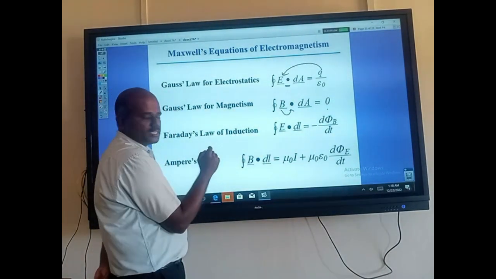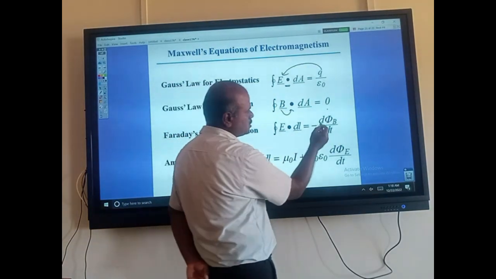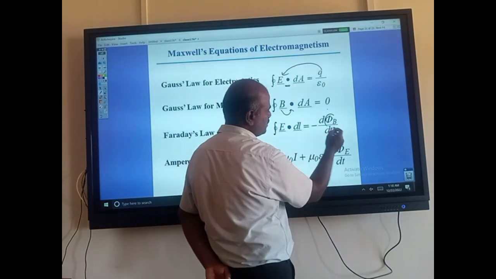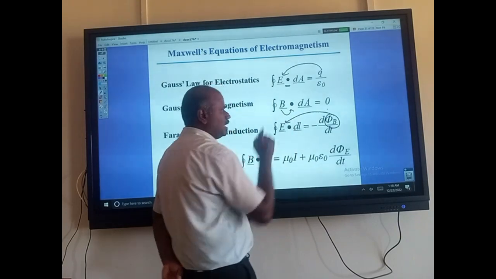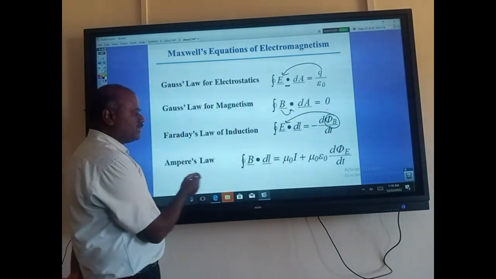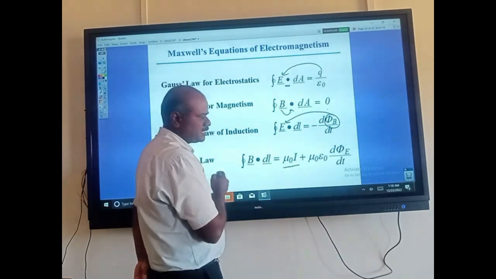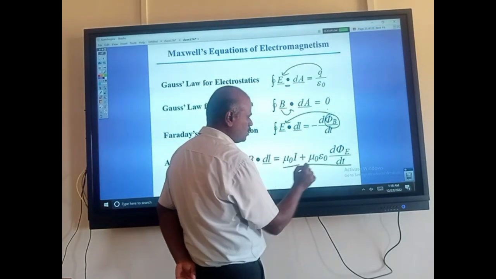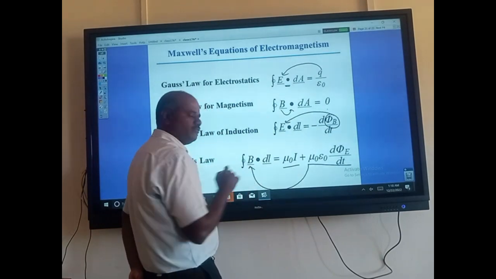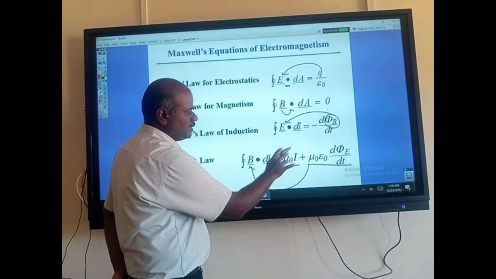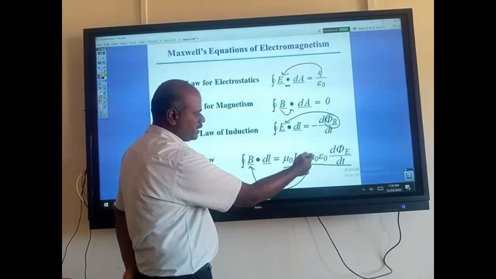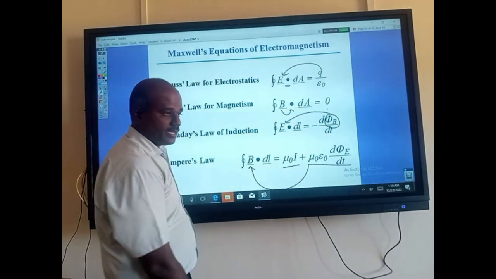Then Faraday's law of induction: the integral of E dot dl equals minus d phi by dt. A rate of change of magnetic flux can create an electric field. Then Ampere's law: the integral of B dot dl equals mu naught I, with both conduction current and displacement current contributing to the magnetic field.